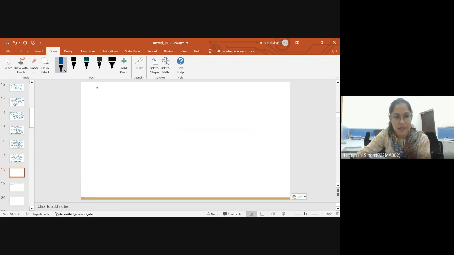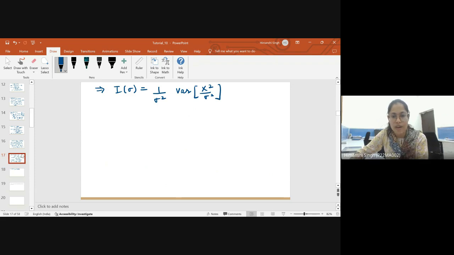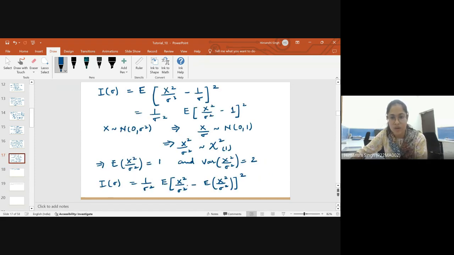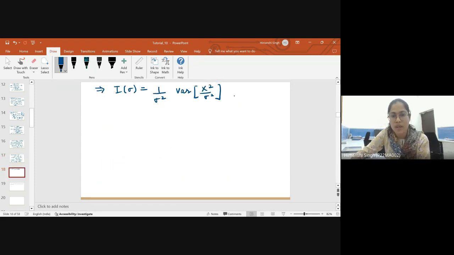So I sigma is equal to 1 upon sigma square into variance of x square by sigma square. Now the variance of x square by sigma square is 2, so this will be 2 by sigma square.